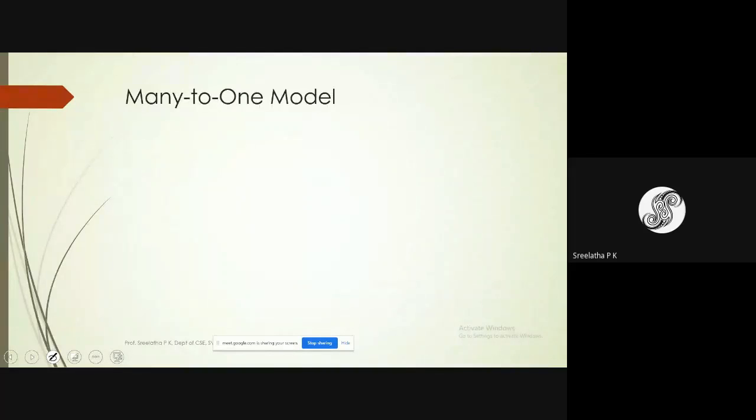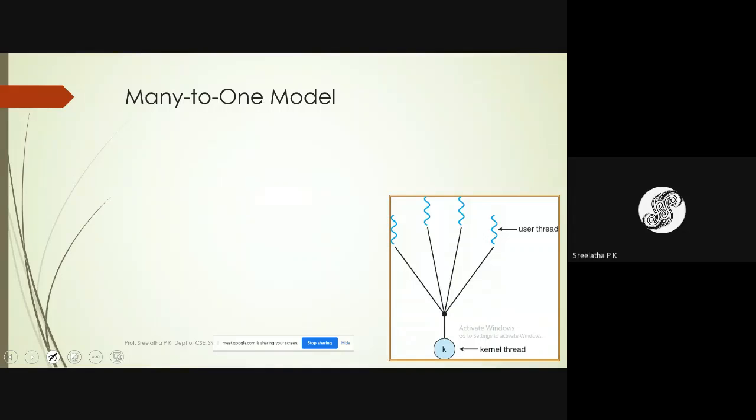So in the many to one model, there are many user level threads and only one kernel level thread. That's it. Very easy. Many user level threads and one kernel level thread. They can be of the same process, or of different processes. So this is a multi-threaded program.